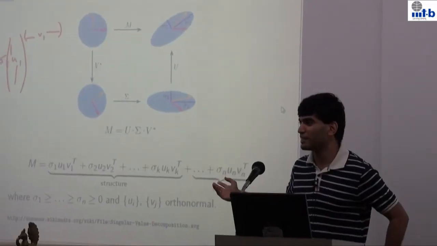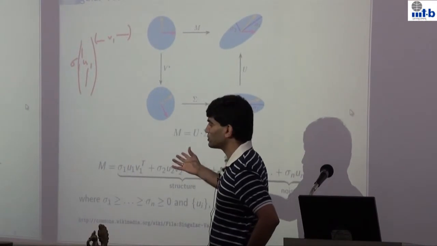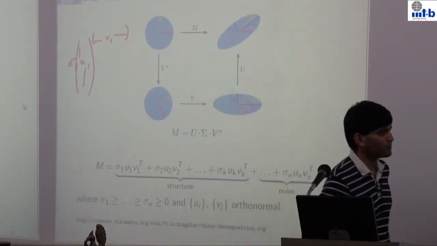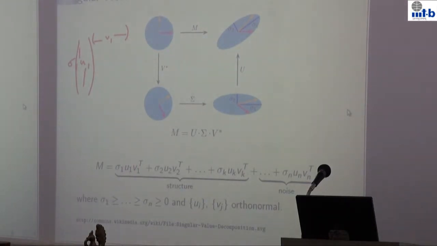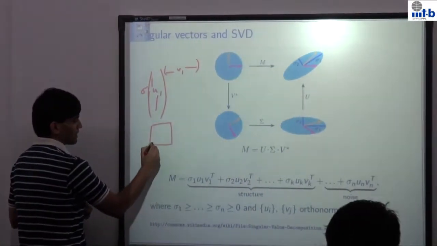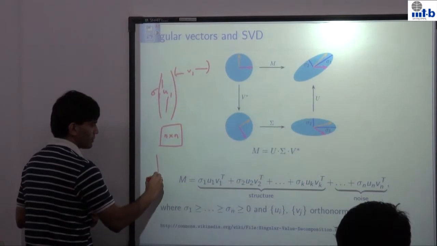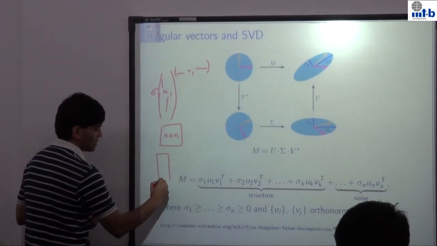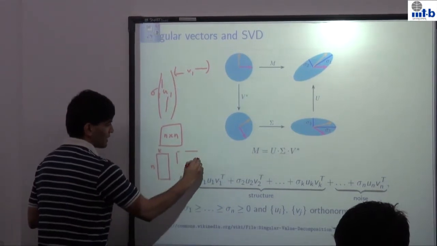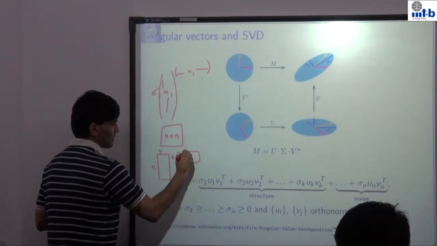So this actually tells you that suppose your image were of low rank, then all that you have to keep is this. So there are two options: either keep an n by n matrix, or keep two matrices which are n by k and k by n, say if it is of rank k and k is much smaller than n.